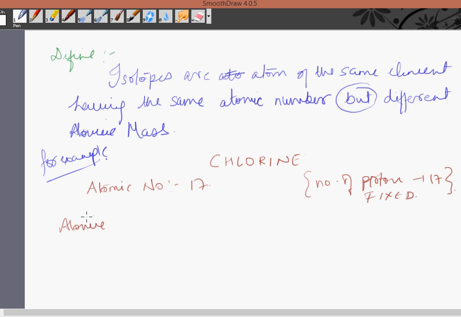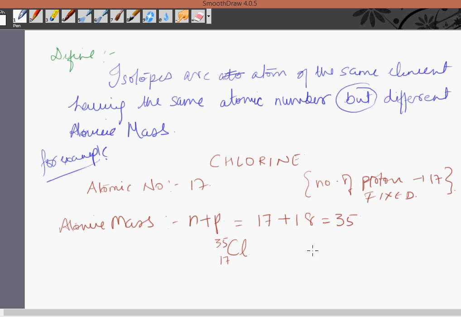The atomic mass is the number of protons plus the number of neutrons, where the number of protons is 17 and the number of neutrons is 18, which comes out to 35. So at the end we write Cl. This is the symbol of chlorine. Here we write the atomic mass and here we write the atomic number.